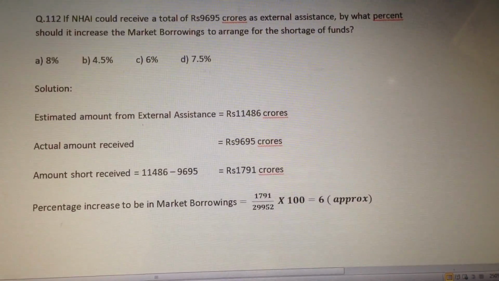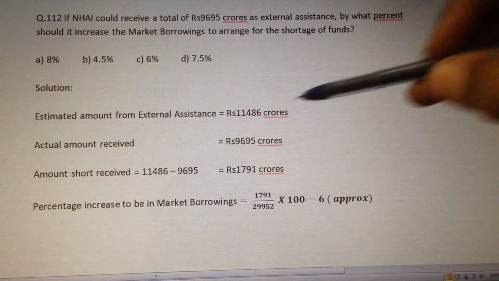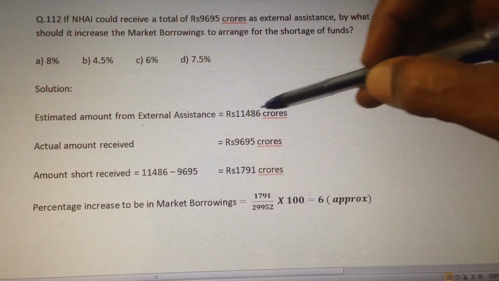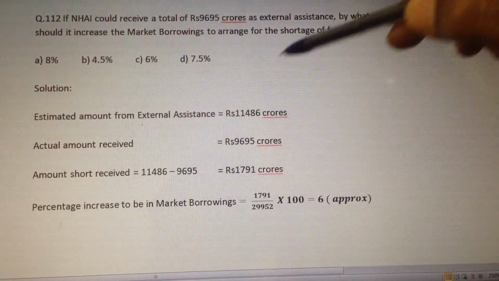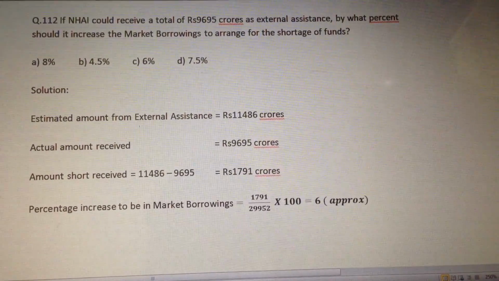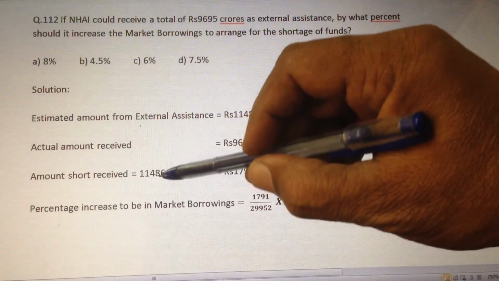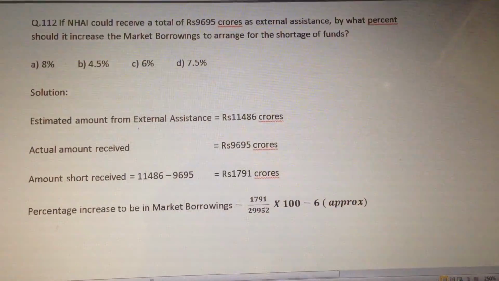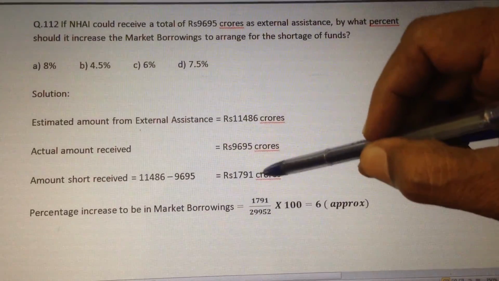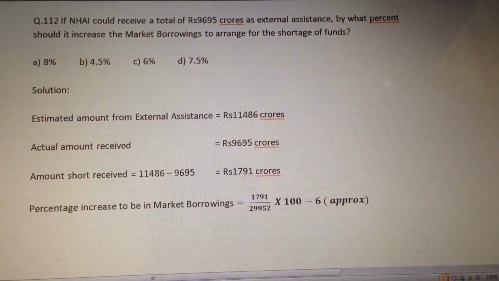Here, actually estimated collection from external assistance is 11,486 crores. This was expected but this is the amount received. So there is a shortage of amount to the extent of 11,486 minus 9,695, which is equal to rupees 1,791 crores shortage they have received.